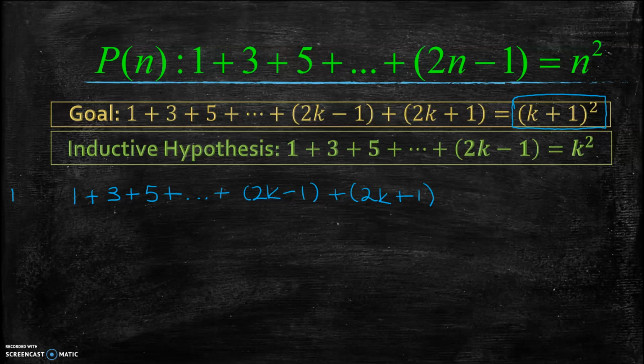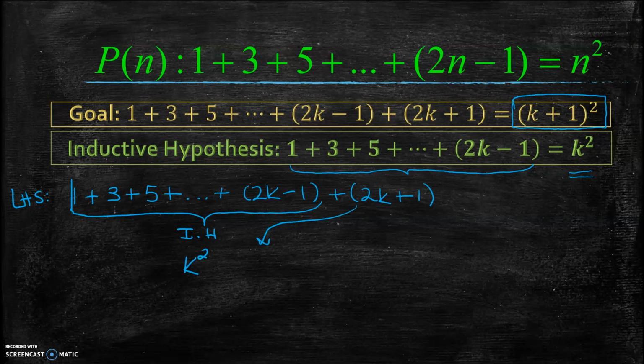Now, as we're starting with the left-hand side, perhaps you've noticed that this portion of it is the same as the left-hand side of the inductive hypothesis, which means we can replace it with the equivalent k squared.